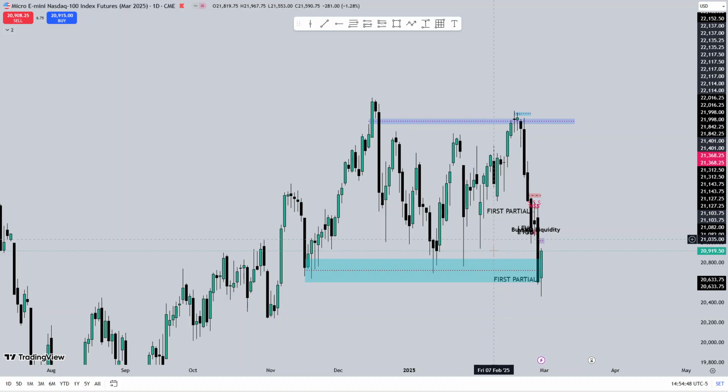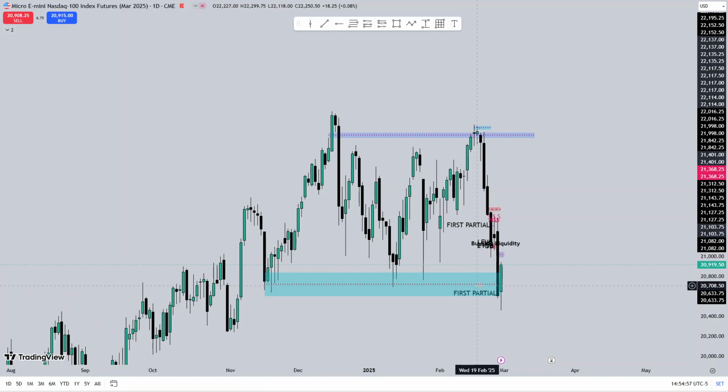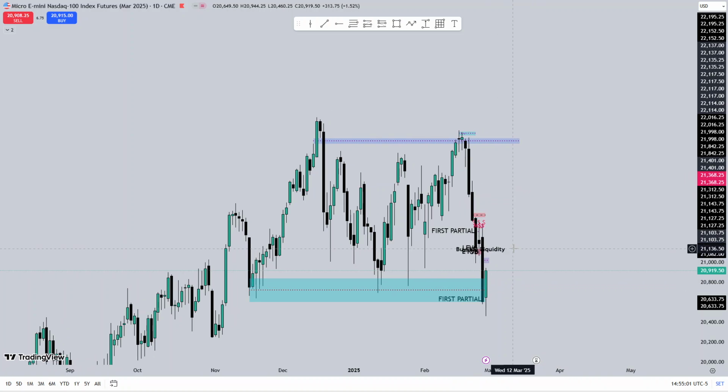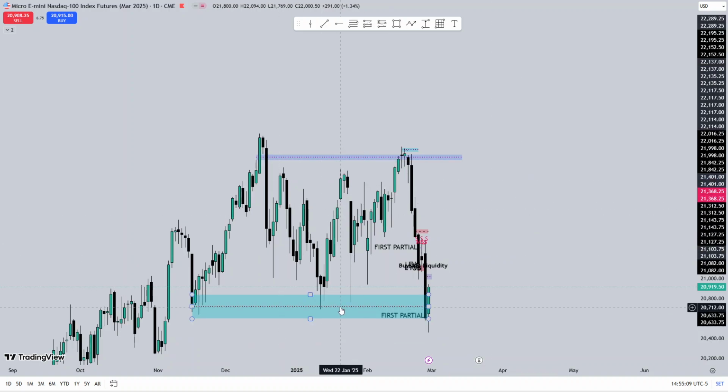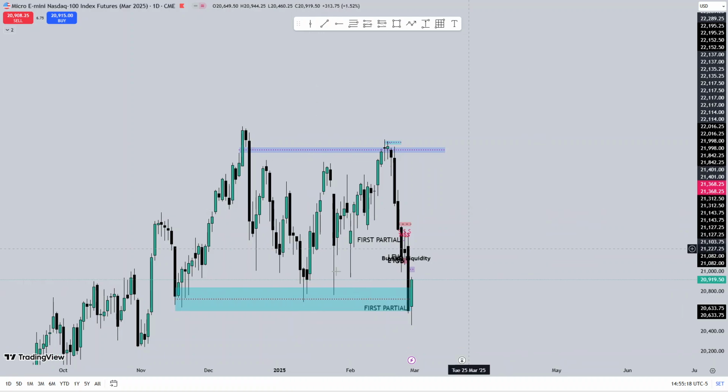This is the accurate support zone for the retail traders, not for those of us who are ICT and smart money SMC traders, but those who are retail support resistance traders, they can see this is a strong support zone. Then when the market comes here, they take buy, and the market is simply building the liquidity over here.